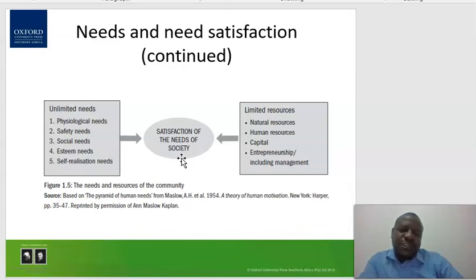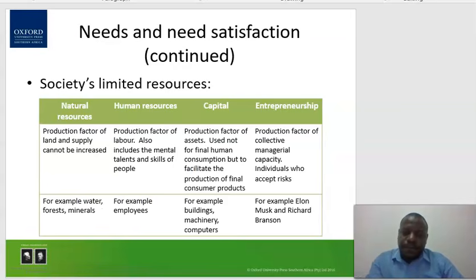Key decisions will need to be made on how best we can use the limited resources that we have to satisfy unlimited needs. This slide is basically explaining what those resources entail, and examples are also given.